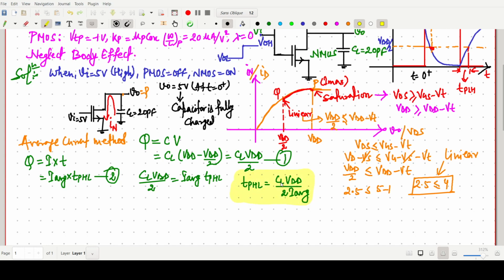But CL is known to us, VDD is known to us, but the I average value is unknown to us. So we have to calculate the value of I average.